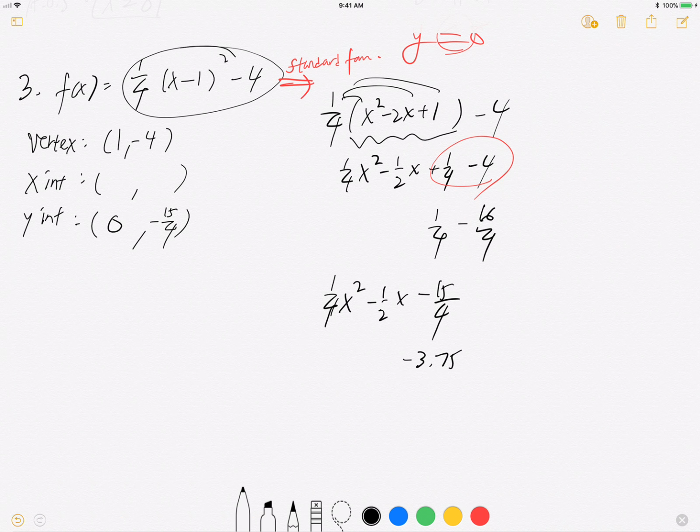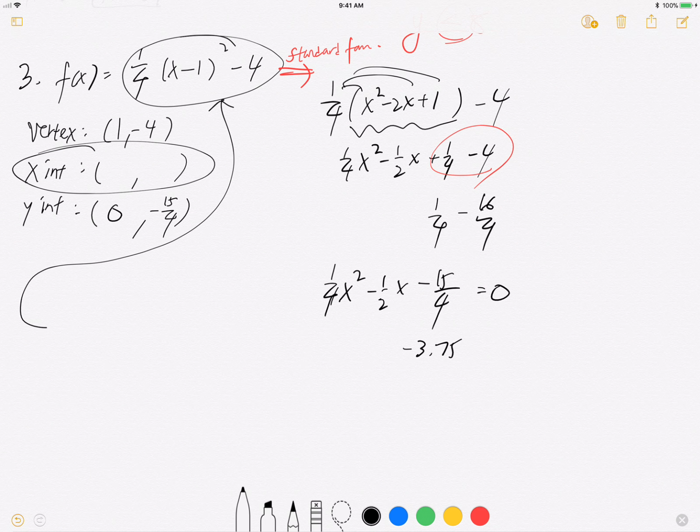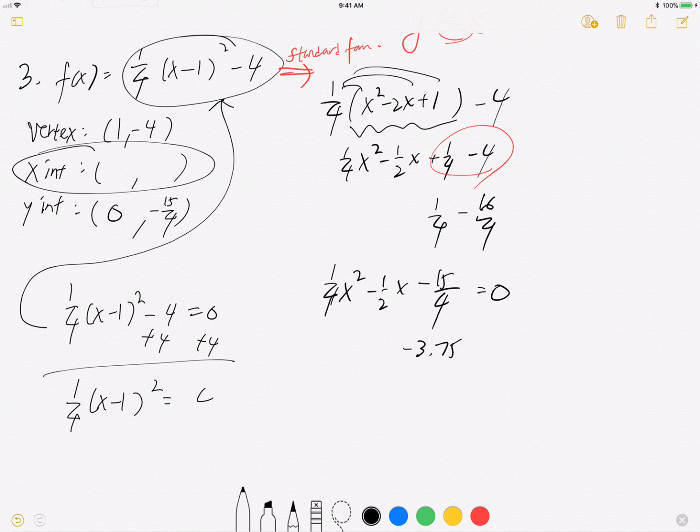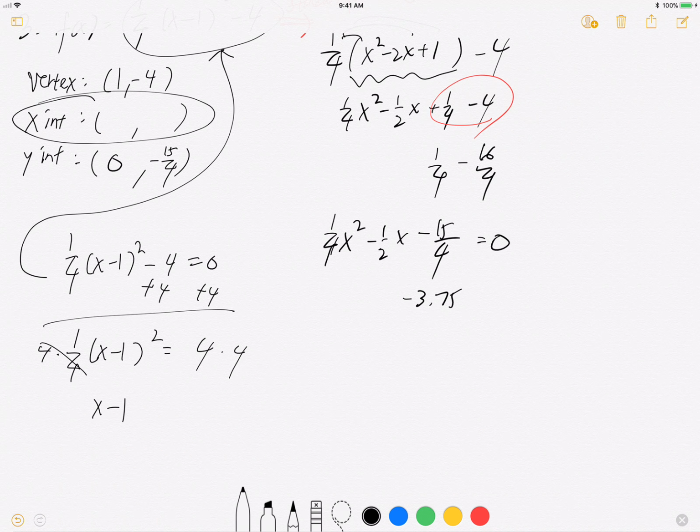Now let's talk about the x-intercepts. The x-intercept has to be when I set this equation equal to 0. However, you can also solve for the 0 up here because it's already in what we call completed square form. You can add the 4 on both sides, then multiply both sides by 4, and then square root them.